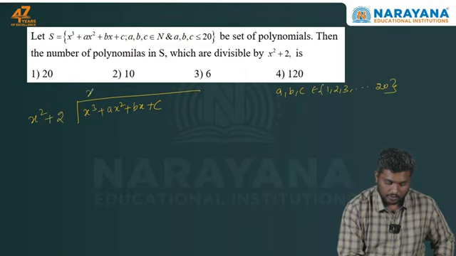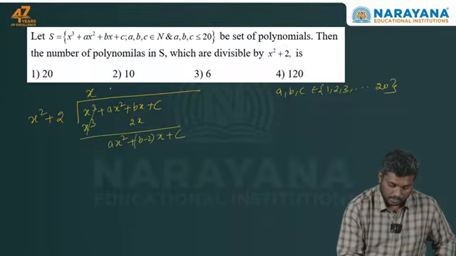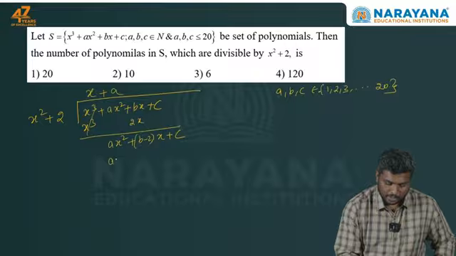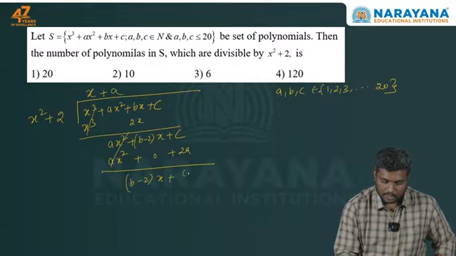So if I do the division, x cube and 2x, cancel it out, ax square plus b minus 2 x plus c, and plus ax square plus nothing here 0 plus 2a, and what is the remainder? b minus 2 into x plus c minus 2a.